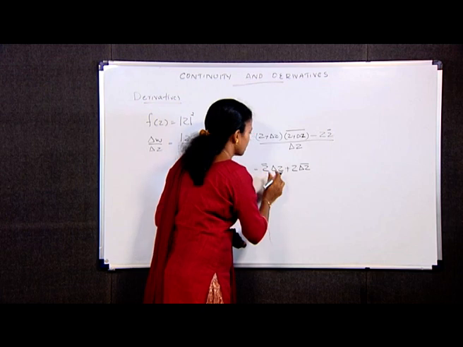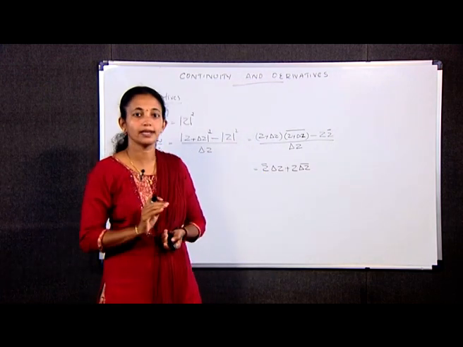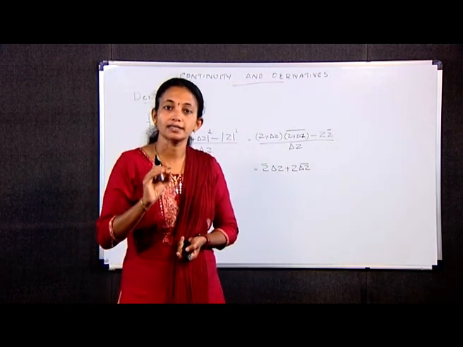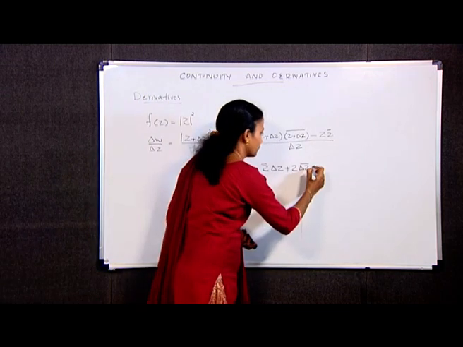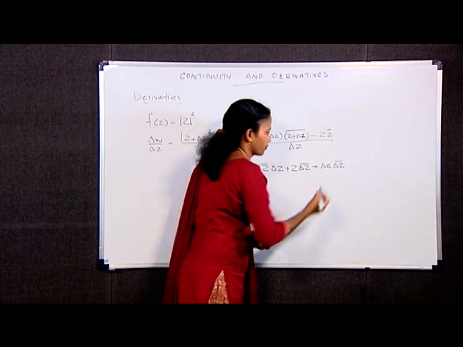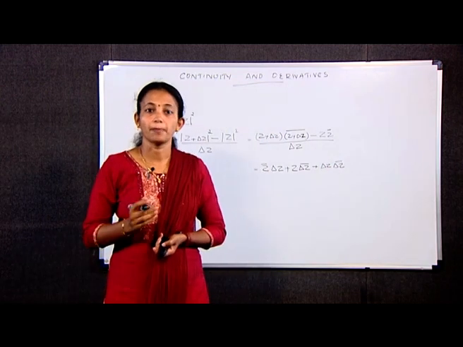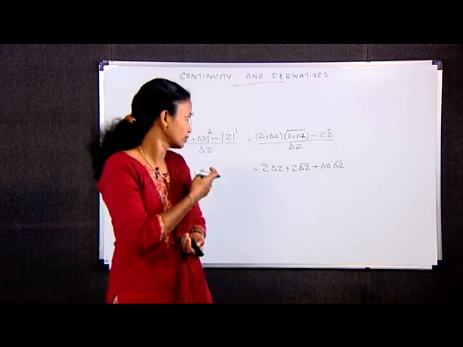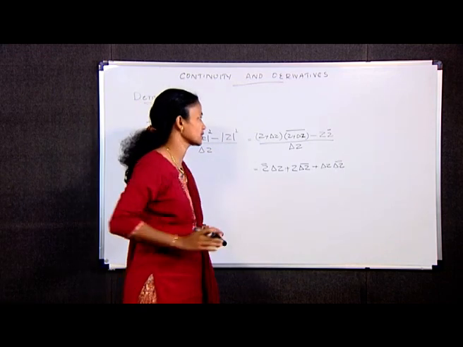Here we have z bar into delta z plus z into delta z bar plus delta z into delta z bar, minus z z bar and plus z z bar get cancelled.